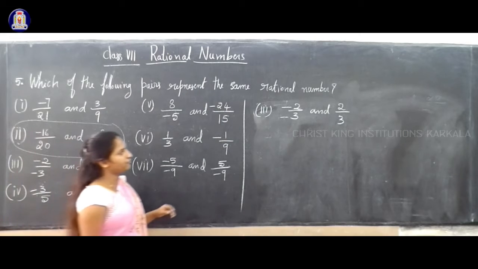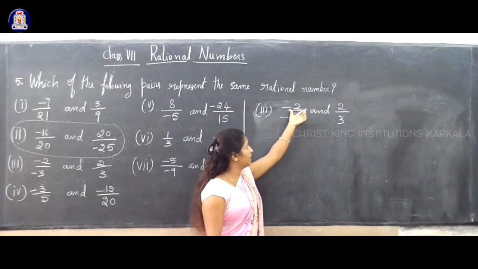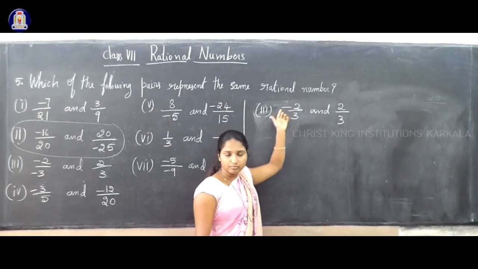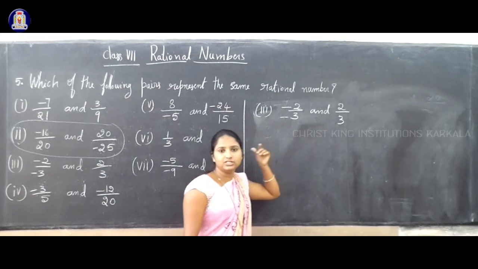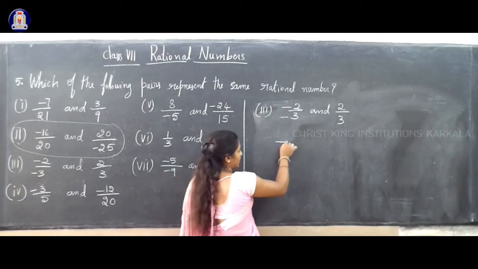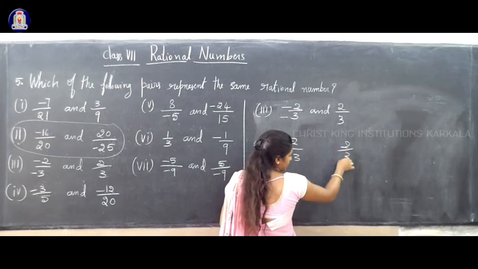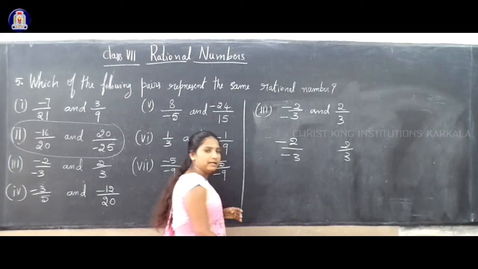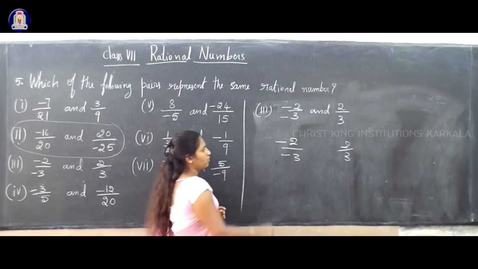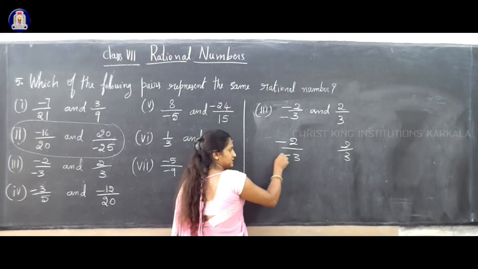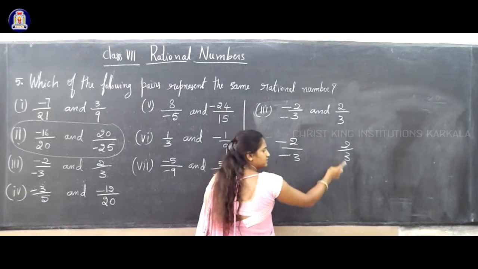So if you simplify, both minus signs are there in the numerator and denominator. So now simplify minus 2 by minus 3 and one more, 2 by 3. Here both the signs are plus plus. So now you apply the rule of plus plus.